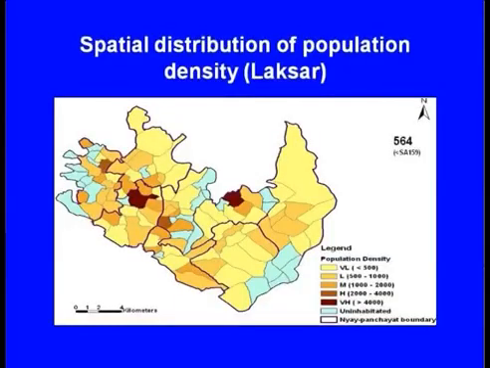So, now we have the socio-economic disparities which can be displayed in terms of the spatial distribution of population density, and what we can see is that population by and large is not very dense in this particular area. Light blue areas are those areas depicting uninhabited villages.